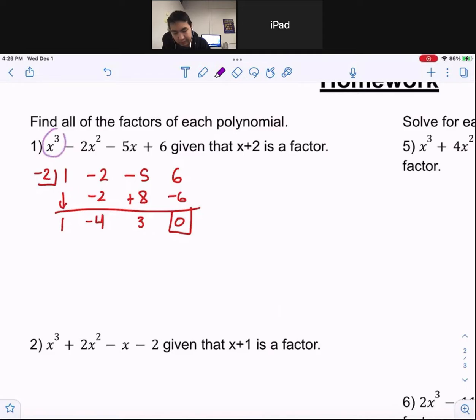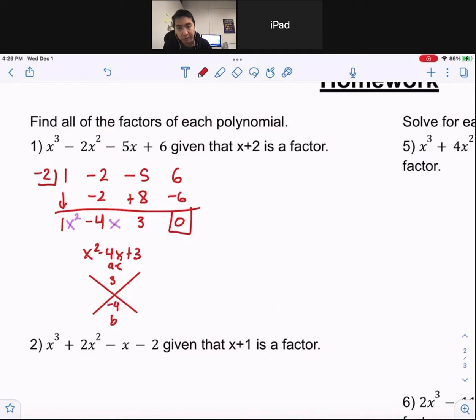Now, since this started with a degree of 3, this is going to be x to the second power, 1 degree less, and then x. So what we really have is this polynomial, x squared minus 4x plus 3, and this is something you all should know how to factor. Your x method, a times c is 1 times 3 for 3, and your b is -4.